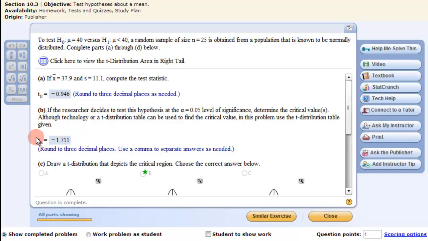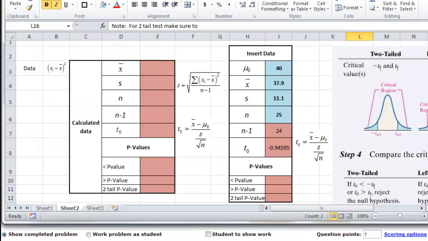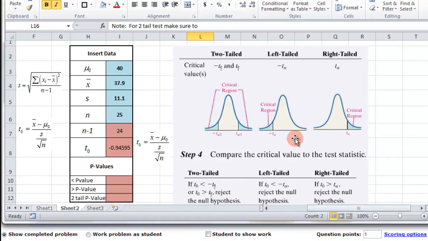Now that's positive 1.711, but the answer is negative. The reason we have a negative value for the critical value t alpha is, let's look at our little map here. We see that on a left-tailed test, which we're doing with this problem since it was less than, the critical region is to the left. So t-alpha needs to be a negative t.